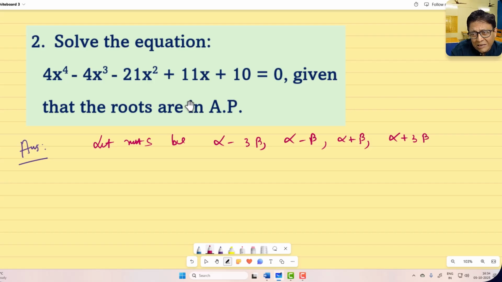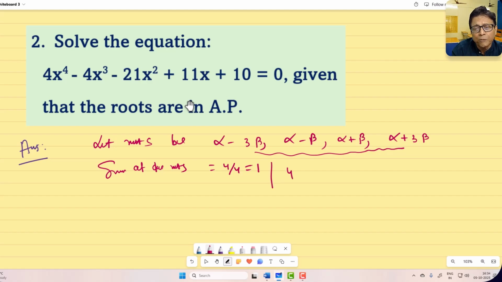You normally take it this way. So the sum of the roots from this consideration is 4 alpha, because minus 3 beta plus 3 beta, minus beta plus beta get cancelled. So alpha is 1 by 4.